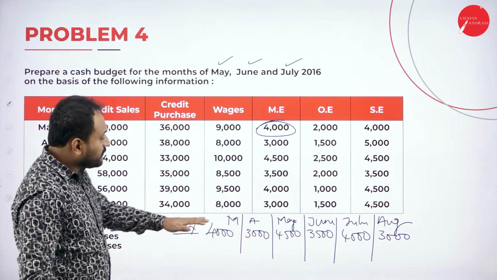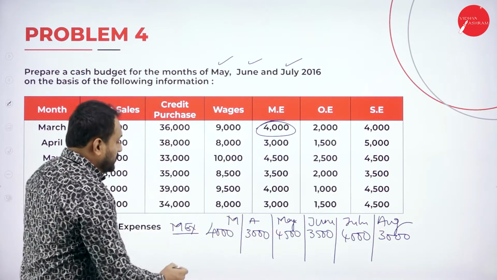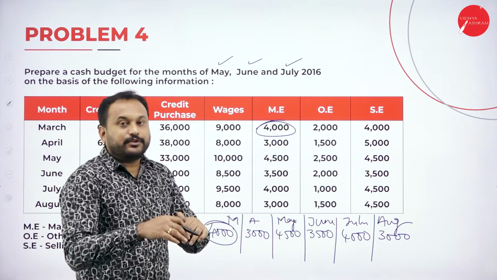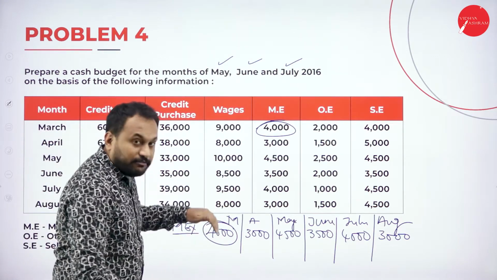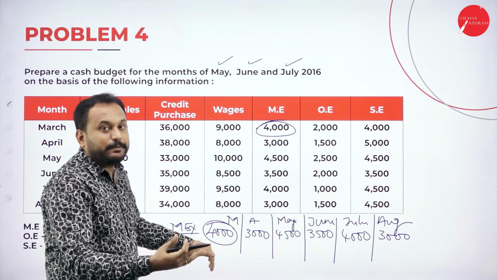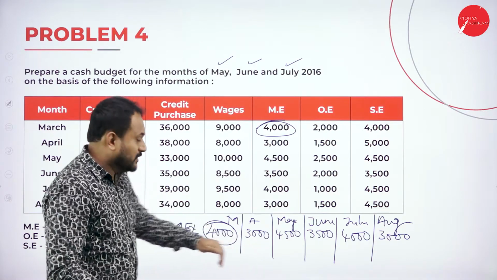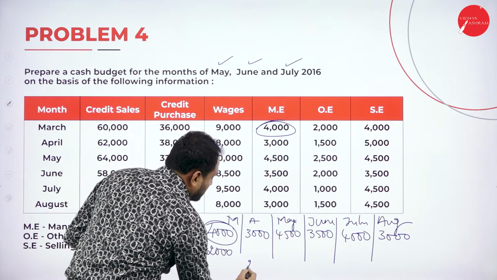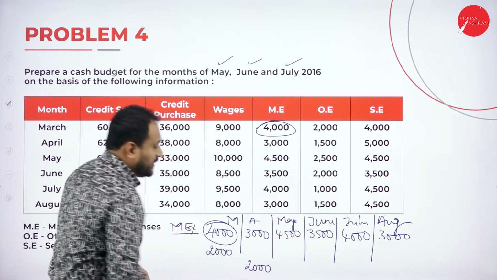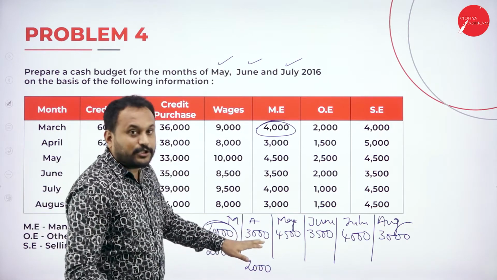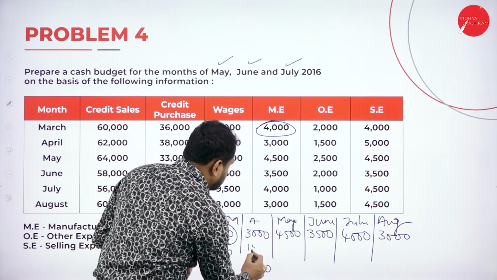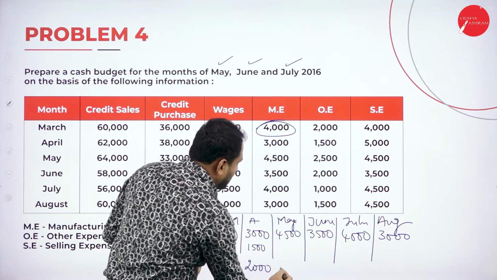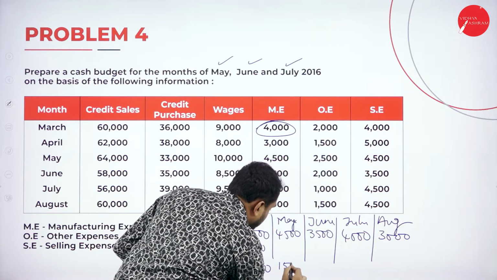Half a month: 4,000, half you will pay in the month of March, and the next half you will pay in the month of April. So 2,000 you will pay here, the next 2,000 you will pay here. Same way, 3,000, you will pay 1,500 here and the next 1,500 in the next month.